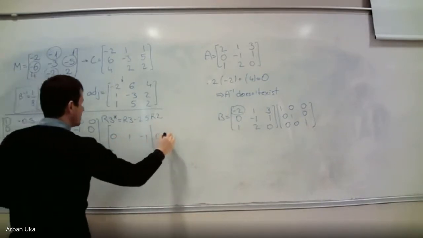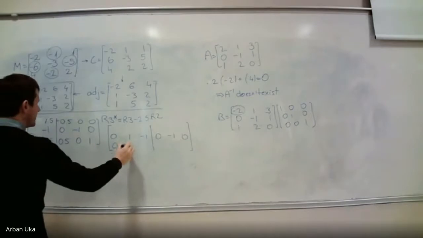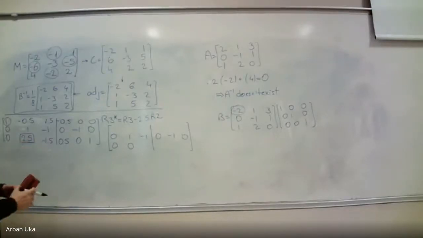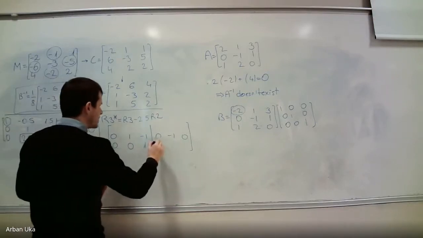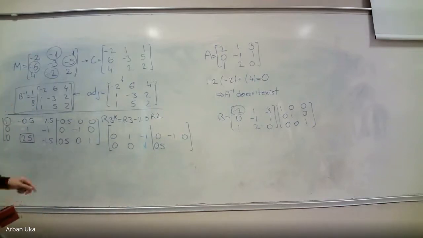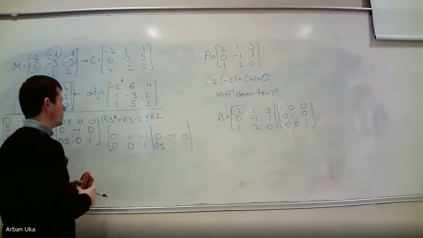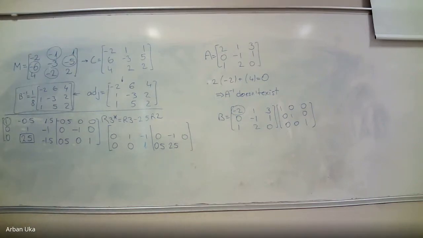And here we have 0, minus 1, 0. And row 3 will be the following, 0, 0. Then this is minus 1.5 plus 2.5, we get 1, right? We get 1 here. You can correct me if I made any mistake. But then here we have 0.5, nothing will change. Then this would be 0 minus 2.5, which would be minus 2.5. And then row 3, okay, we get 1.